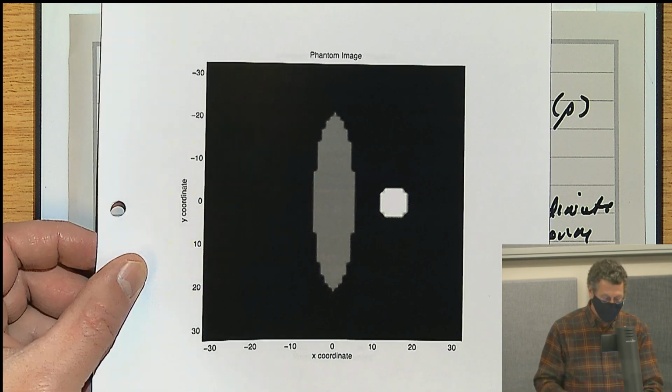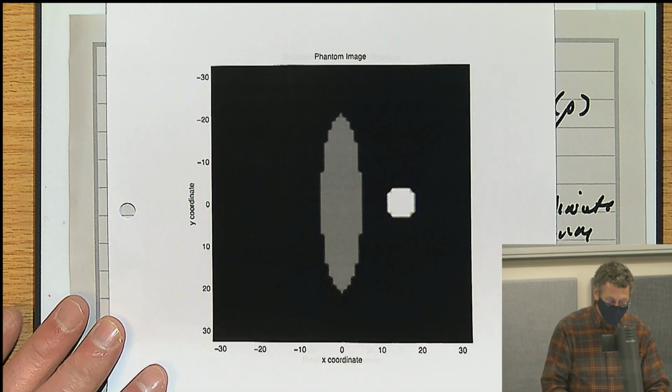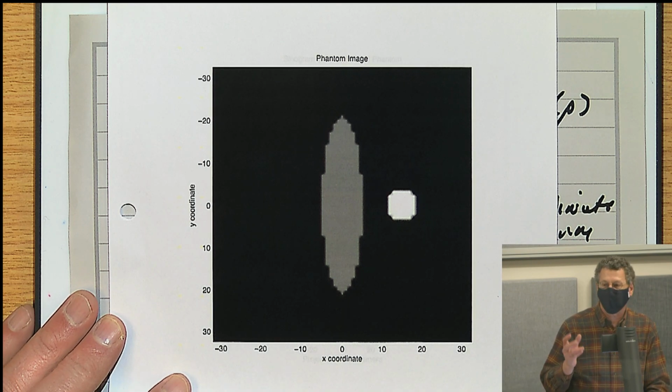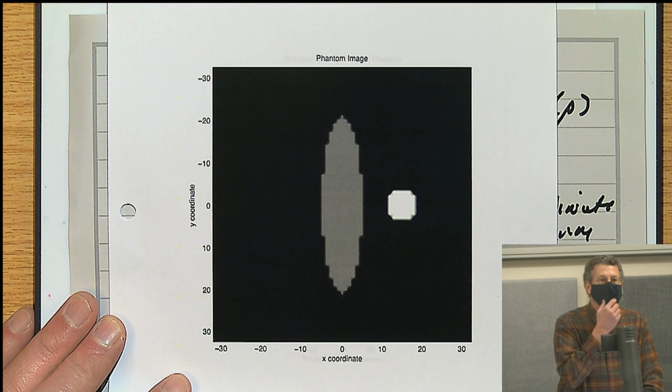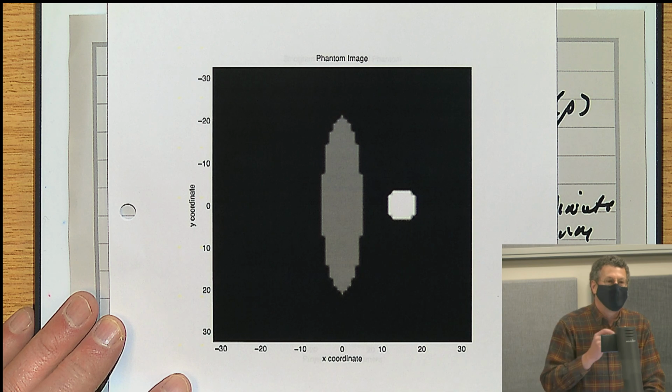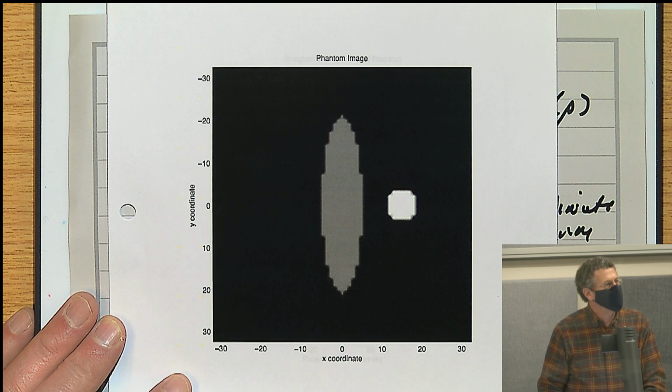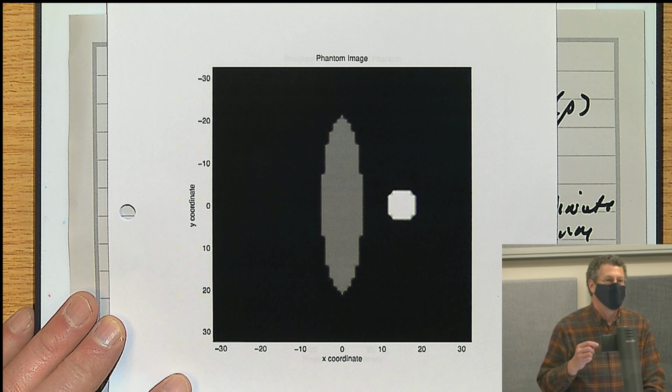Something that's kind of interesting is that when you take a planar X-ray, like a chest X-ray, the dense things have fewer photons that hit them, and the less dense things like air have more photons.